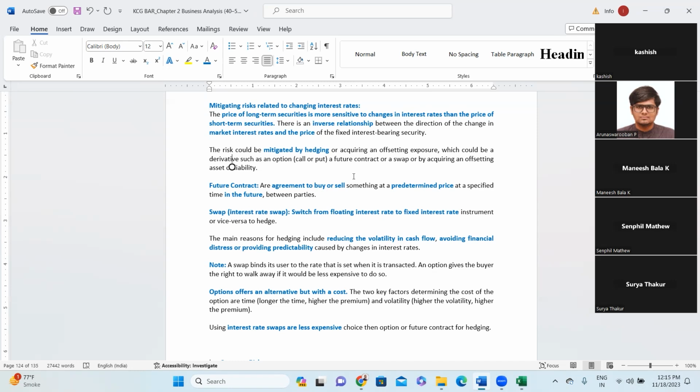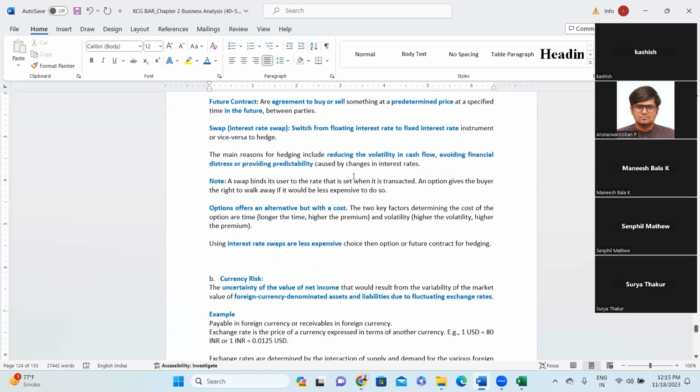So we can exchange the fixed rate component against the fluctuating rate component and the fluctuating rate component to the fixed rate component. That exchange is called swap. Make sense? Swapping a fixed interest bearing bond to a fluctuating interest bearing bond is called swap. It's called interest rate swap. Kashish, Arun, clear?